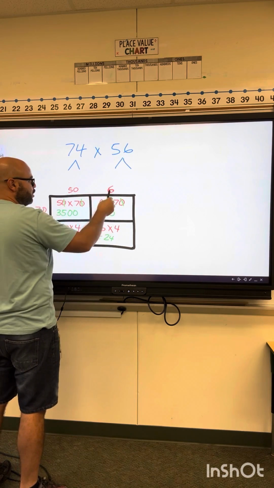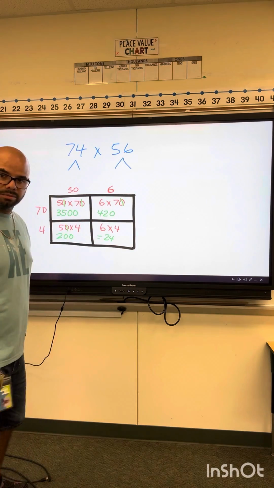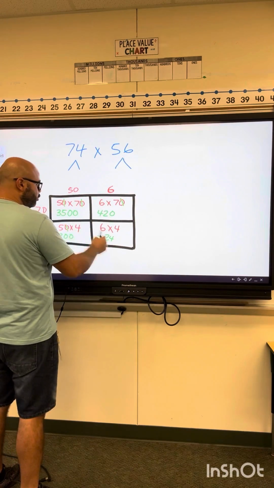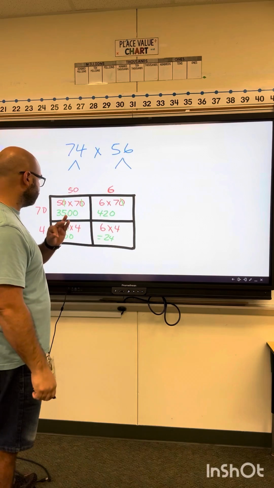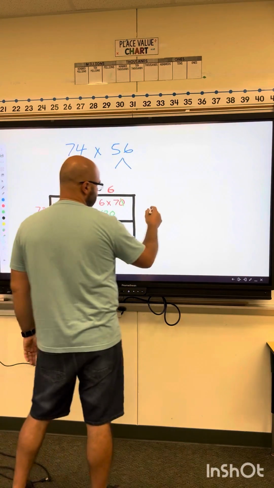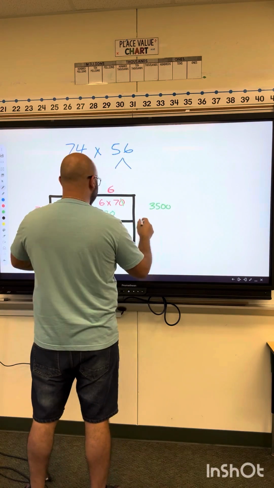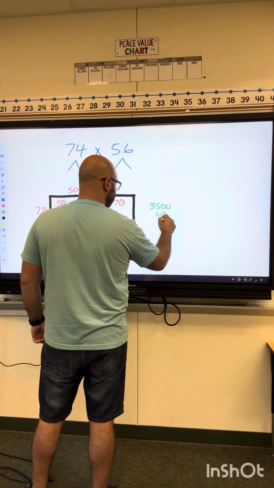Whichever of these 4 numbers the pencil is touching, that's the number that belongs in that box, okay? We're going to solve each. That's step number 3. Number 4 is always going to be the last step, and they all know this. When I say what's the last step, they all know that they need to add these up. So we're just going to add these up.